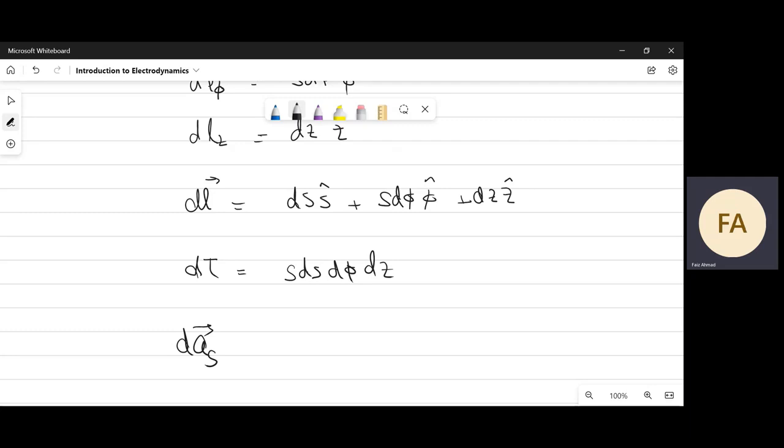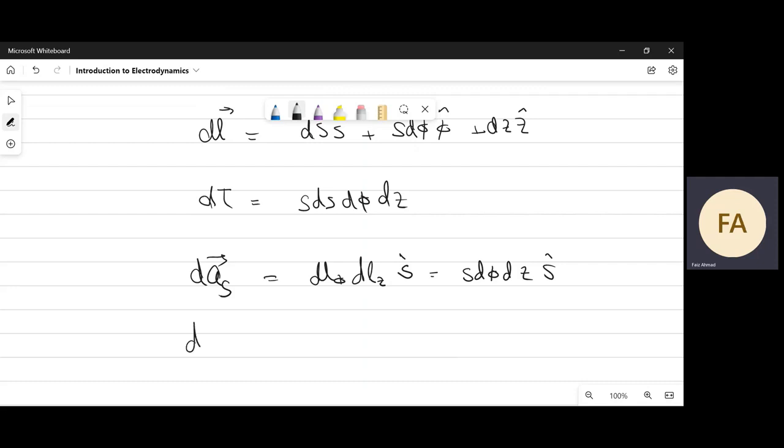The area on the surface of the cylinder, perpendicular to s, will become dl phi dlz s unit vector, which is s d phi dz s unit vector.